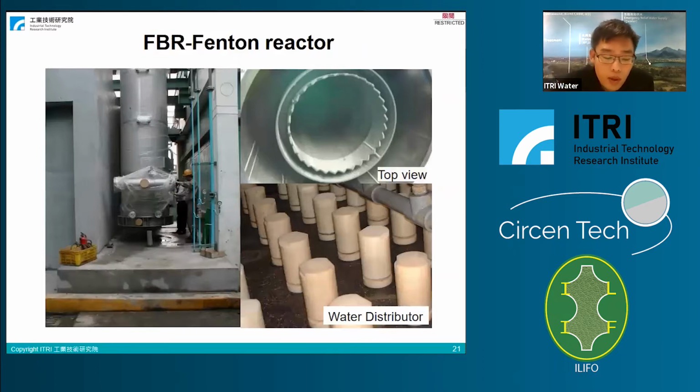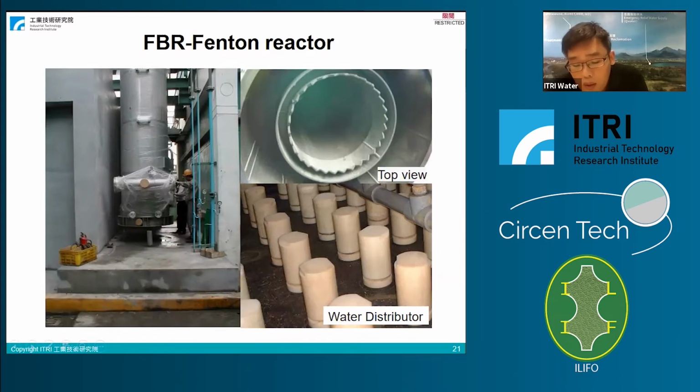This one is tower-like FBR-Fenton reactor. And the upper right is top view of reactor. Please see lower right.